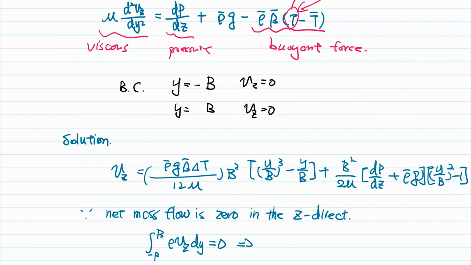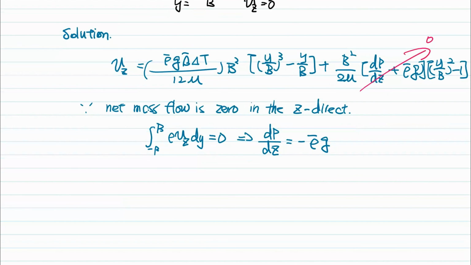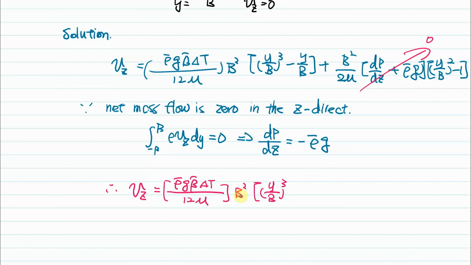What that also means is that dP dz should equal negative rho bar g. So that means this term is 0. So finally, we have vz equals rho g beta delta T over 12 mu times b squared times (y over b cubed minus y over b). Okay, so that's our final solution.